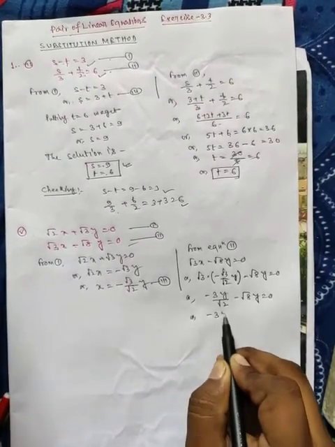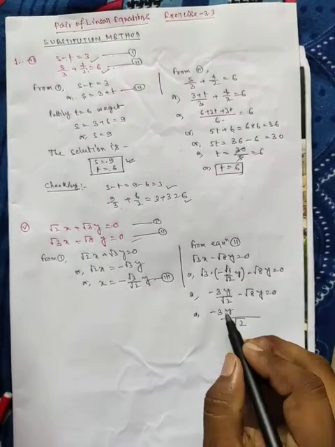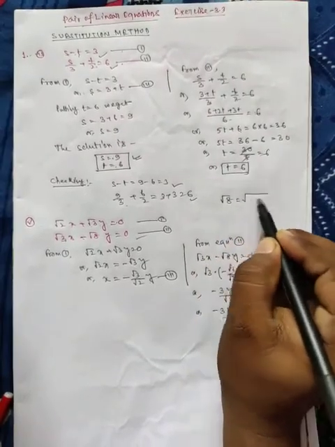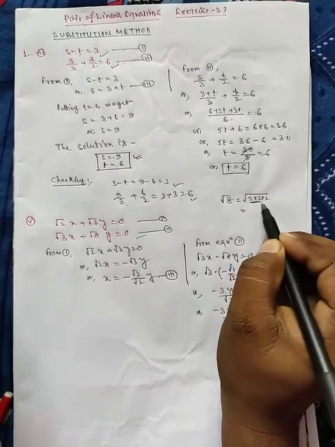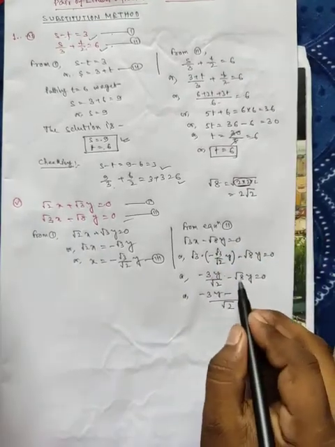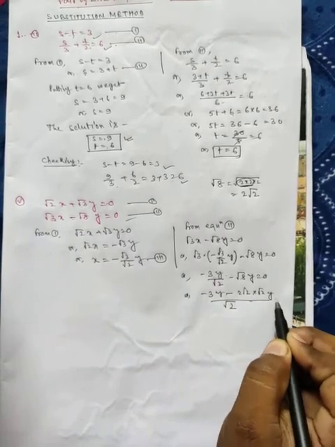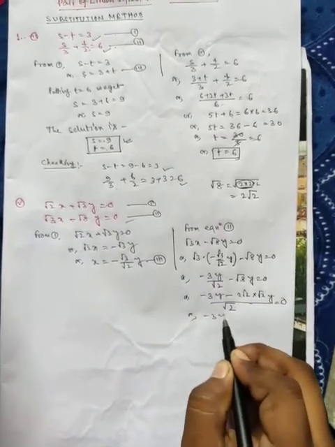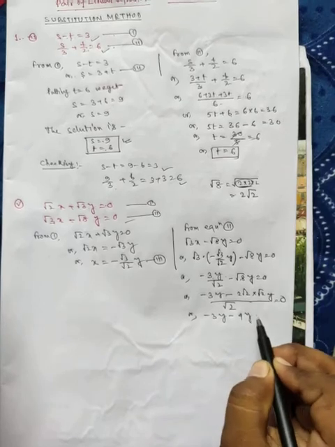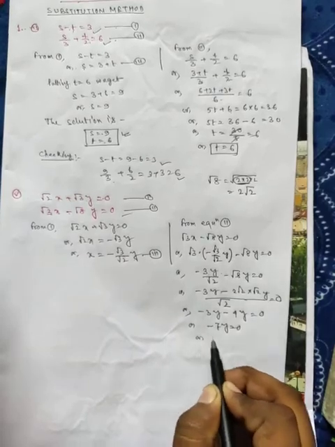Taking LCM root 2: minus 3y minus root 8 times root 2 y, where root 8 is 2 root 2, so 2 root 2 times root 2 is 4, so 4y, equal to root 2 into 0, which is 0. So minus 7y equal to 0, or y equal to 0.